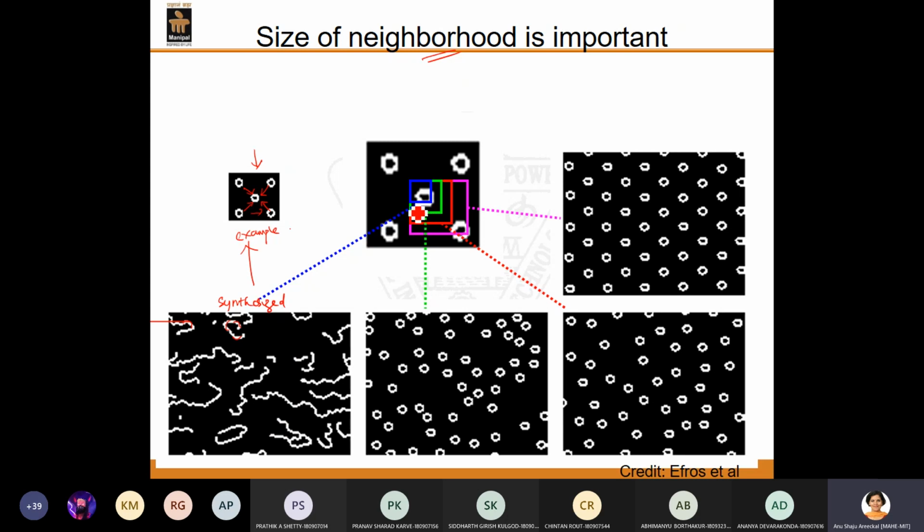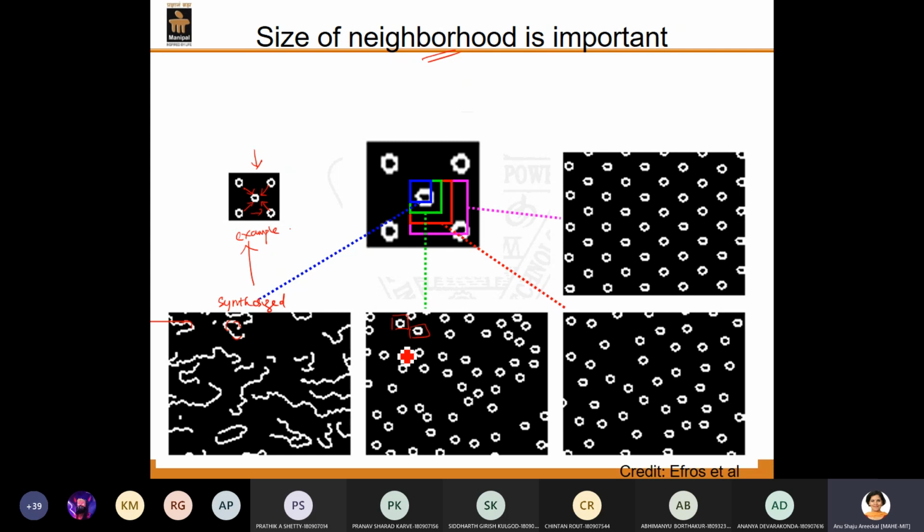Now let us say that we are considering a slightly larger neighborhood where the whole of the circular object is present within that patch. Here it considers the whole circular region, and you try to synthesize a new image with respect to this neighborhood. You see that an image is generated with circular objects: here's a circular object, here's a circular object, so all these have been created.